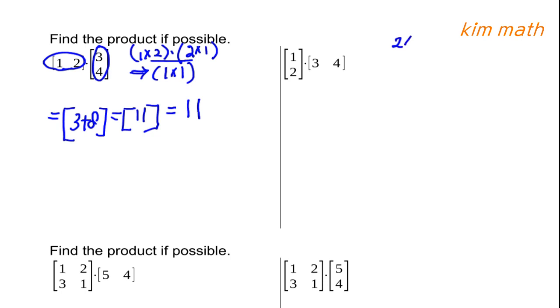2 rows, 1 column, multiplied by 1 row, 2 columns. Again, they have the same number here, so multiplication is possible, and the resulting matrix has the dimension of 2 by 2, these two numbers, right? Okay.